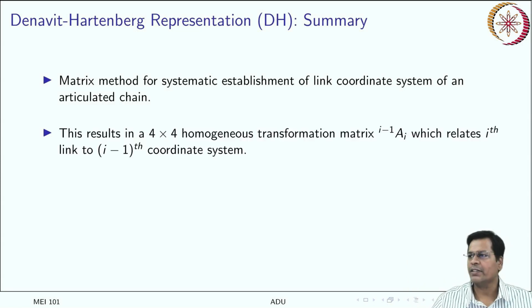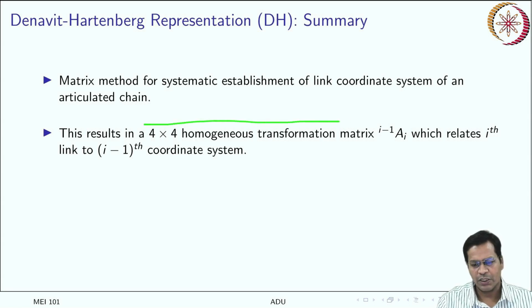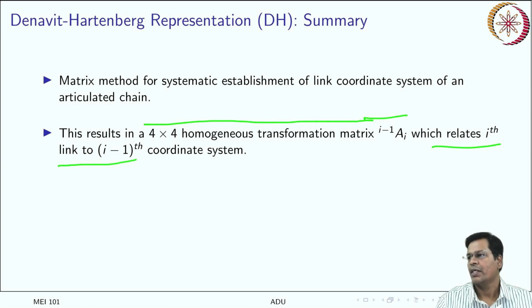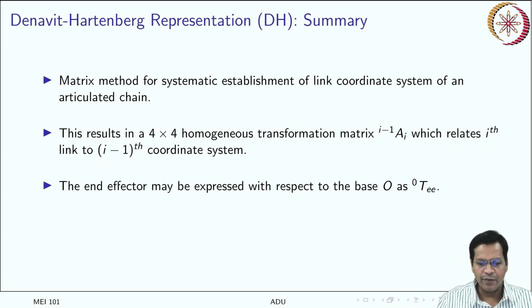Okay. So next, this results in a 4x4 homogeneous transformation matrix, A(i-1, i), that relates the ith link to the I minus 1 coordinate system. Okay. And I can start from 1. So the least value I can take is 1, up to the number of degrees of freedom. Okay. And the end effector may be expressed with respect to the base.